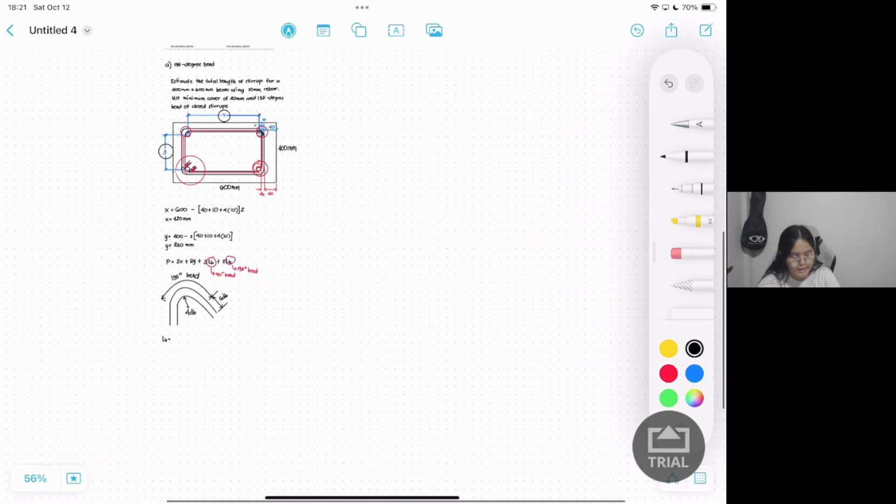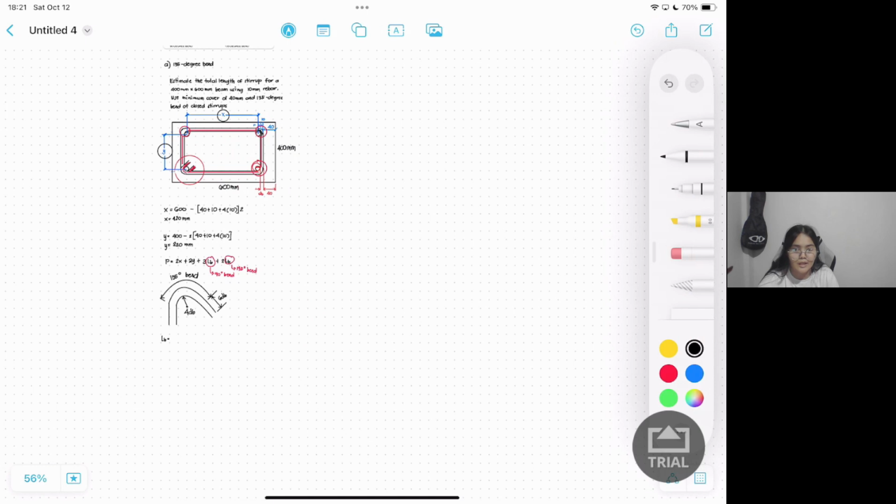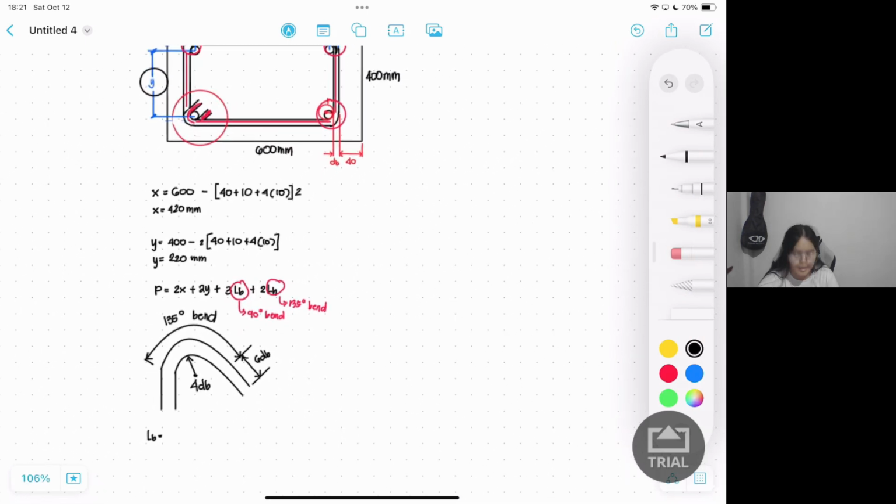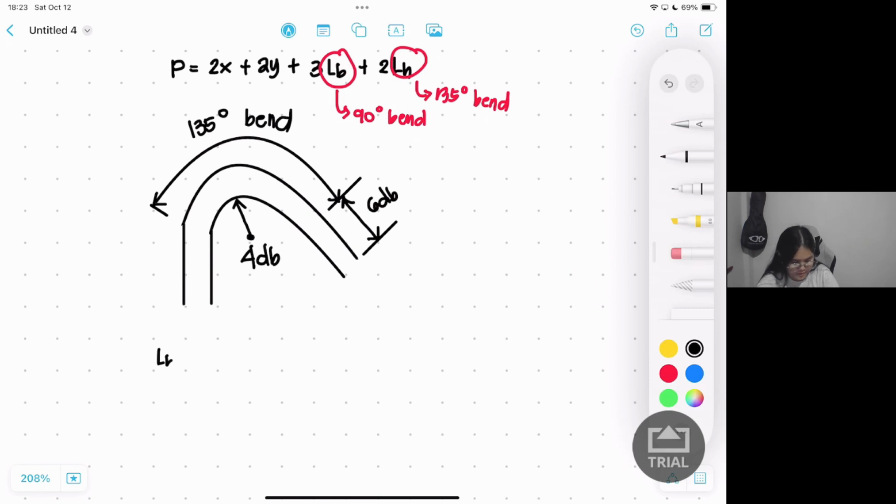Similar lang siya kanina sa pagkuha natin for the main bars for 90 degree bend. Okay? So, that is the circumference of a circle, divide mo sa 4. Kasi, again, 90 degree, quarter circle siya. Okay? So, mag-cancel si 2 at 4, matitira si 2. So, meron tayong 0.5 pi plus yung r prime natin.